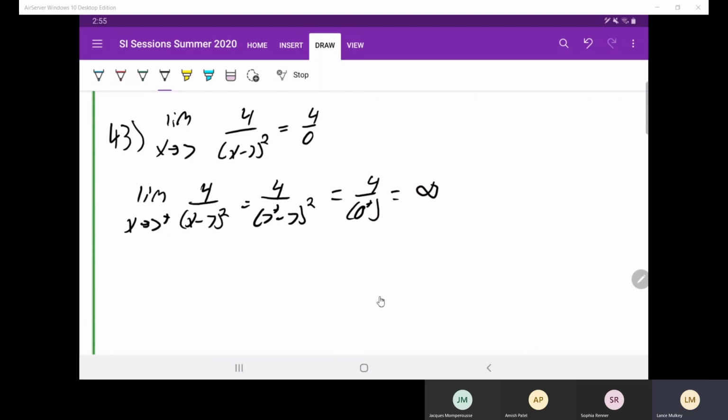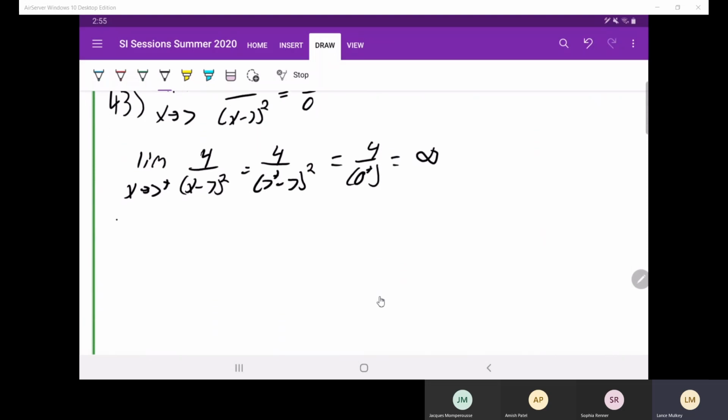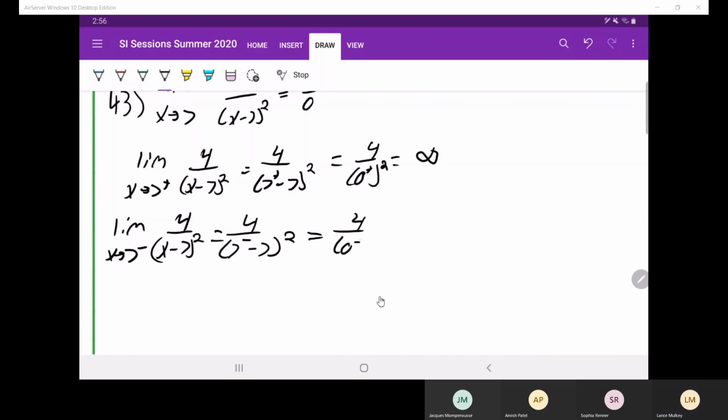Means that's approaching infinity. So let's find the limit from the left. You got to be careful because this is a negative number, but it's squared.